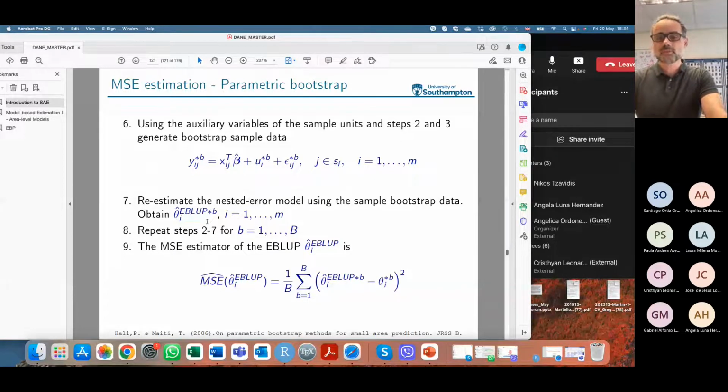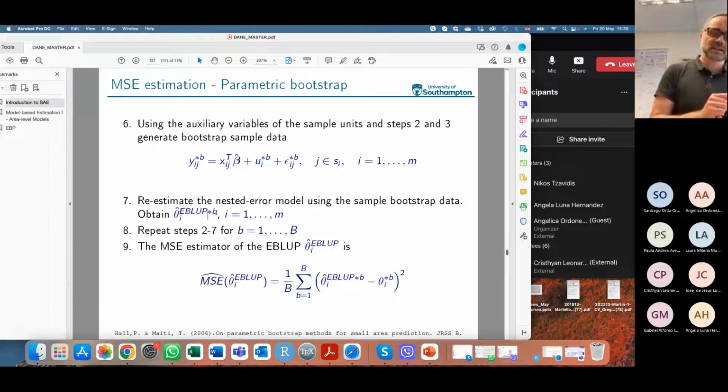Now this set of new EBLUPs are denoted by star b because the new set of EBLUPs has been calculated using the bootstrap data, not the original data.